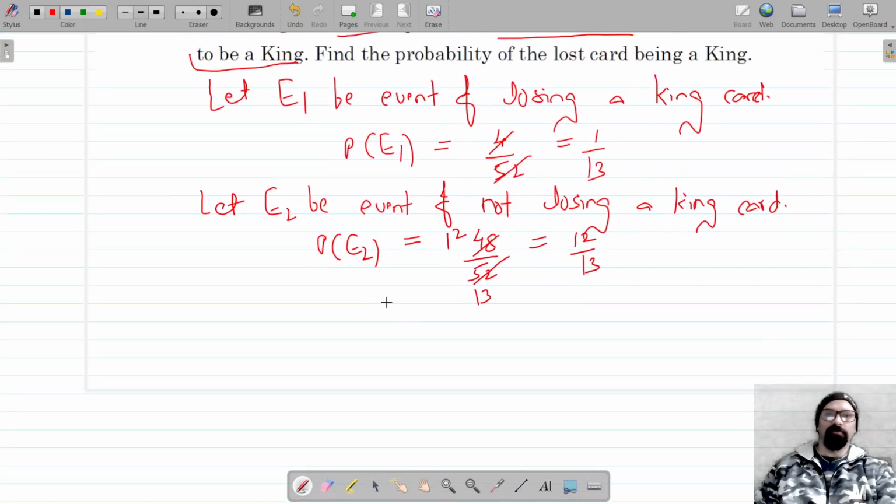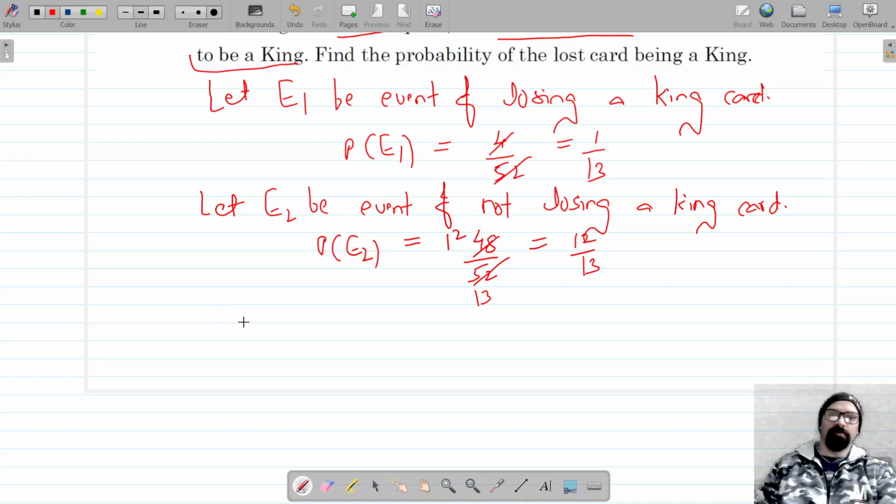Now we have to draw a king card, so we have to draw a card, and let's say that A be the event of drawing a king from the remaining cards.